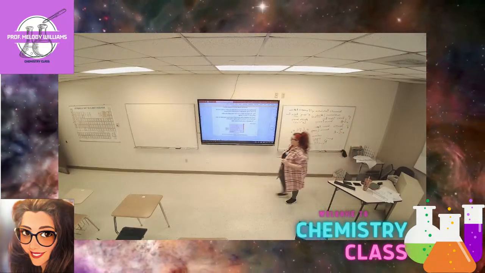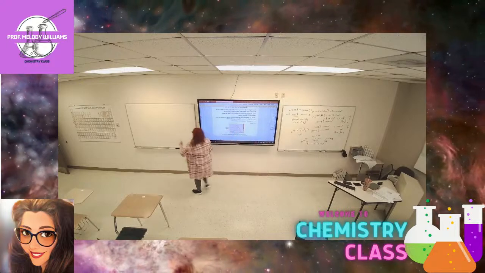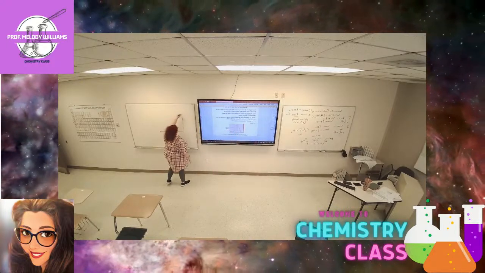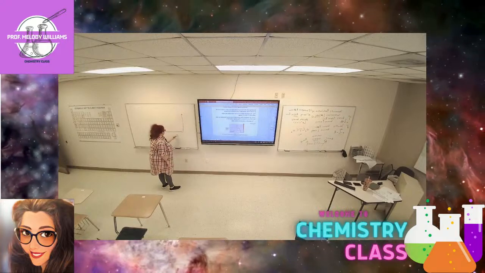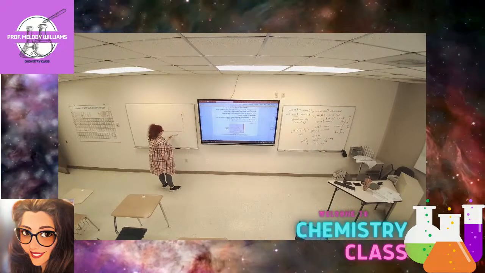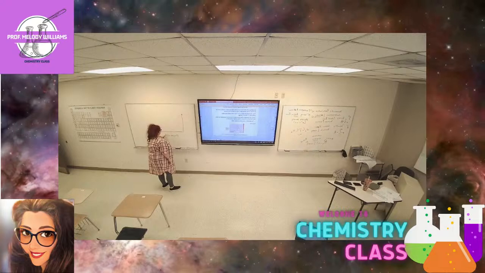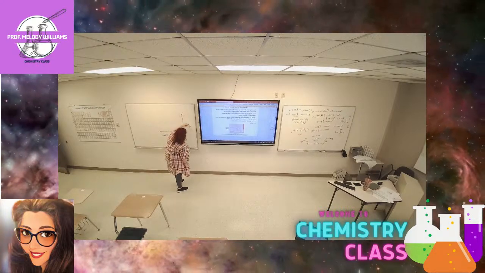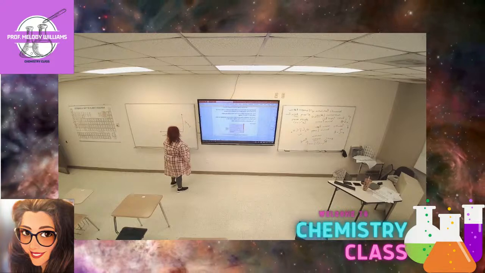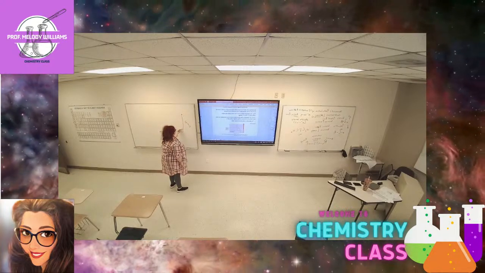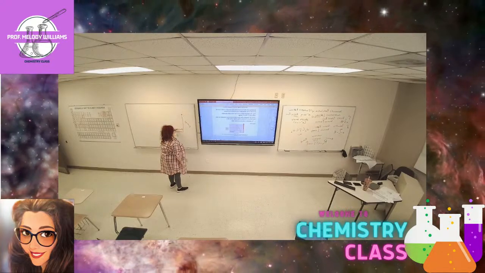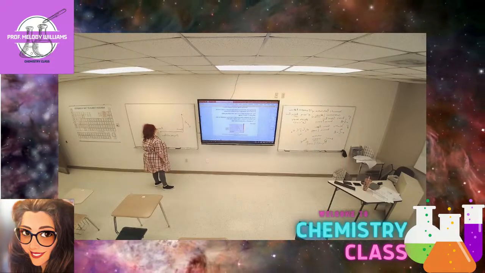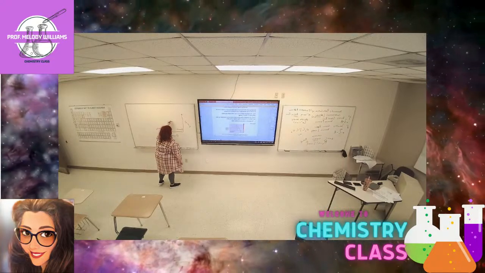So if you remember with our energy diagrams, this is the progress of the reaction, and this is energy. Our reactants start here. We end up with our products, and in the middle is our transition state.